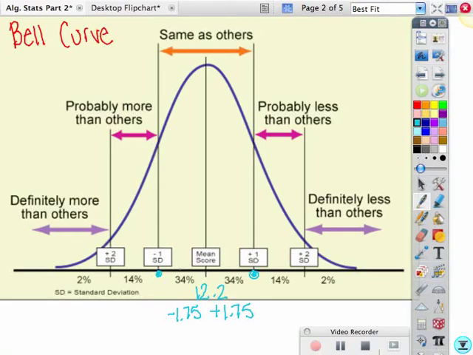When we add the 1.75, we end up with a total of 13.95. When we subtract our 1.75, we get 10.45. Then if we add 1.75 again to the 13.95, we get 15.7. And over here, from 10.45, we subtract our standard deviation, and this number would be 8.7.